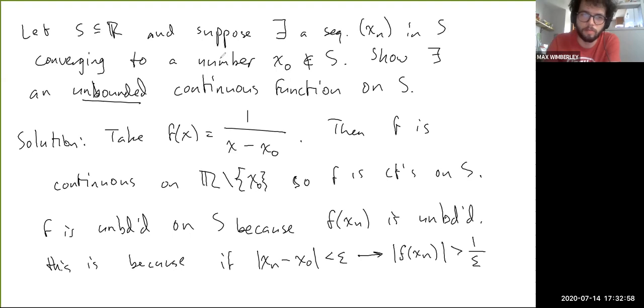Since the points xn are getting close to x naught, and the points xn are all in S, the values of f at those points have to grow unboundedly.